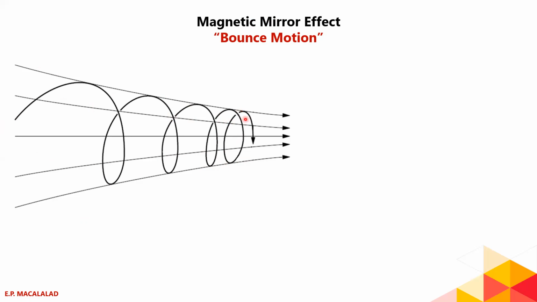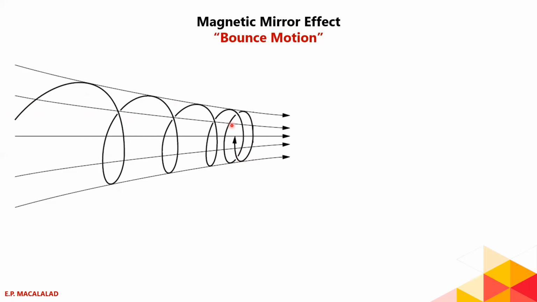However, there is a phenomenon called the magnetic mirror effect. For example, there is a certain angle, which we call the pitch angle, wherein at that angle with respect to the magnetic field line, this charged particle that is gyrating in this manner will momentarily stop at a certain point here, and then after this point, it will bounce back like this.